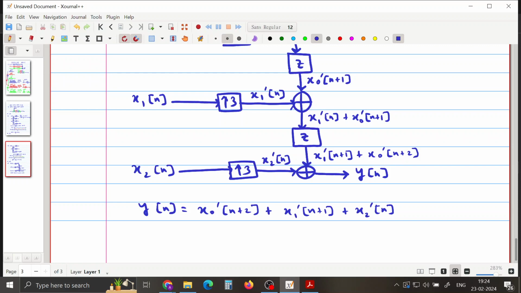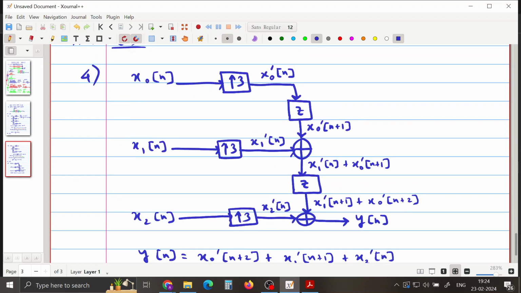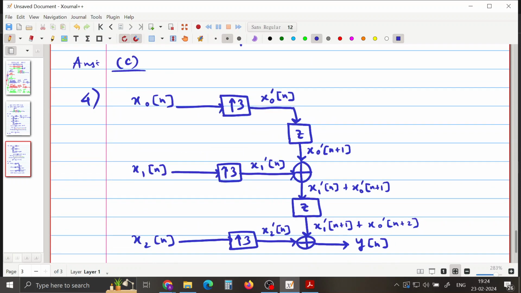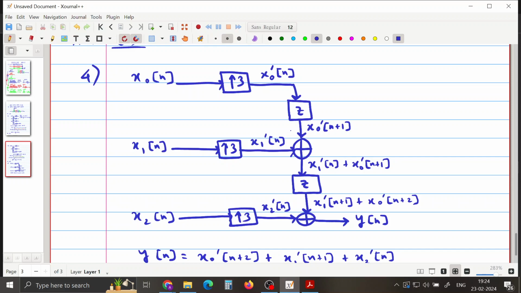This is consistent with our notation. In the information given in the question, we are told what x naught of n is, what x2 of n is, and what y of n is. So I'll just write it down here. x naught of n is 1, 2, 3. The arrowhead is at this index.